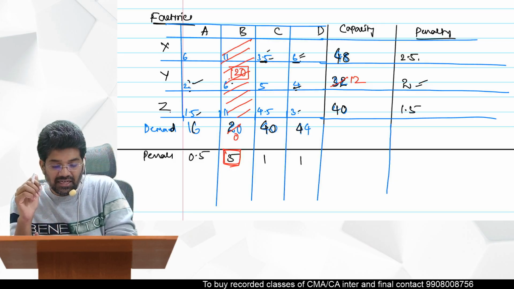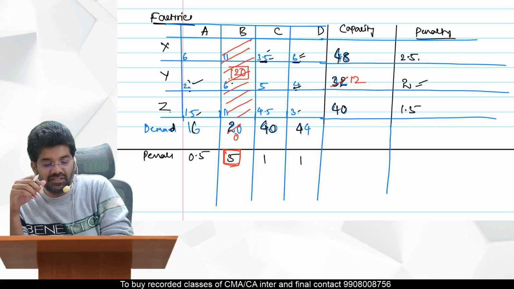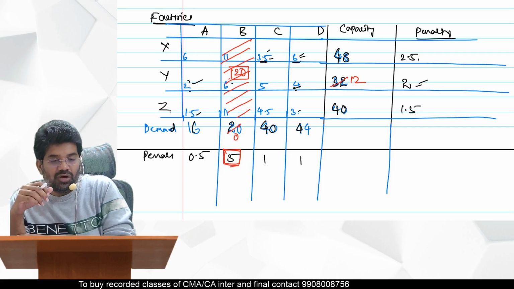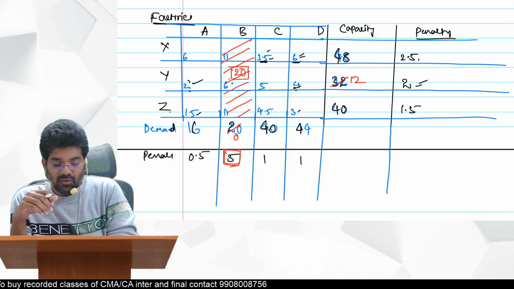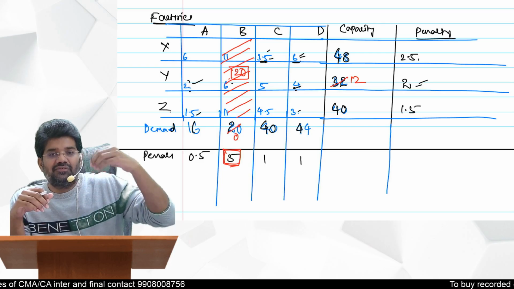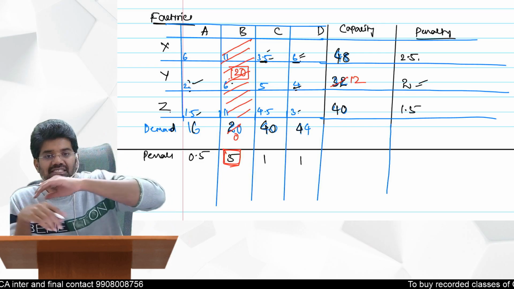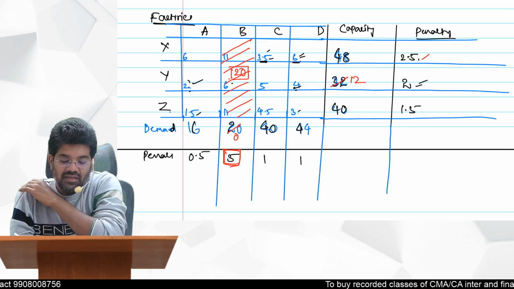When you calculated the penalty here, you are taking the least cost and the next least cost. Instead of selecting the first one, if you select the next least cost, is that a maximum loss you will get or not?